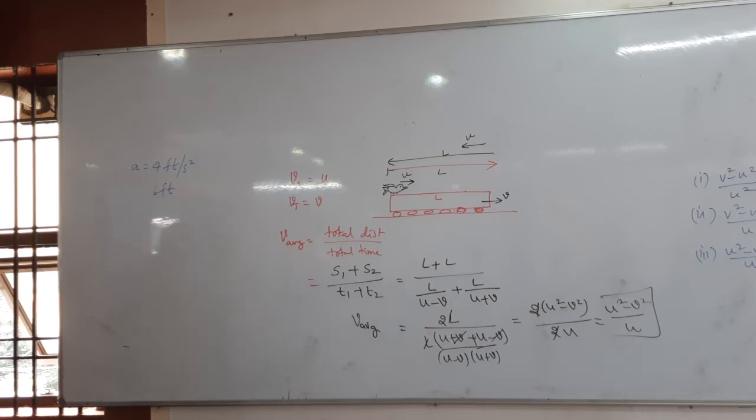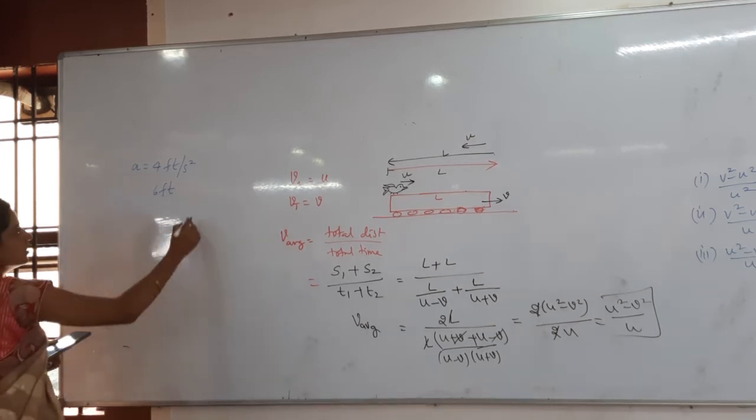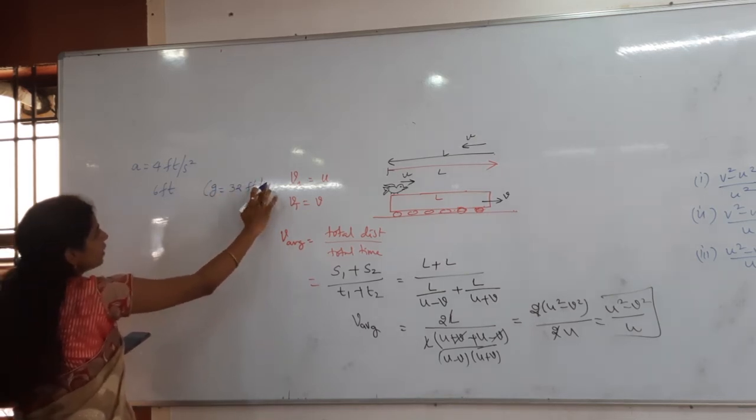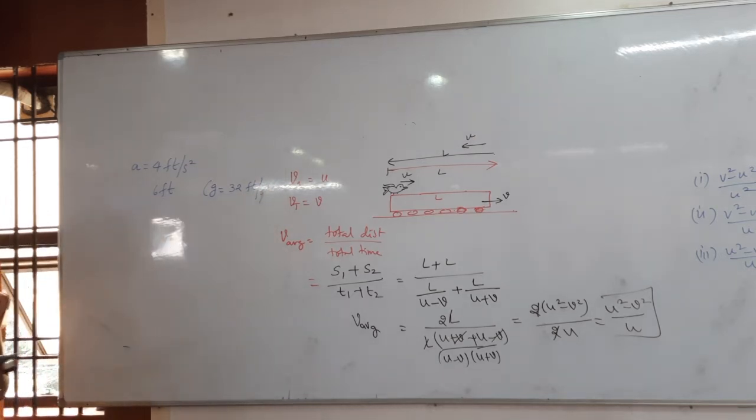Then find the time taken by it to reach the ground. In brackets, g is equal to 32 feet per second square. 1 by root 3. Very good.